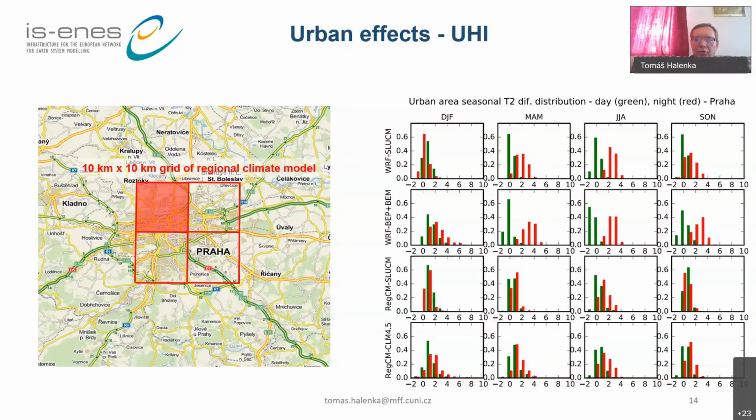When you look at the JJA column, which is summer, and nighttime, you can see that the difference between the city center and remote areas is about 4 or 5 degrees. So that's a really significant issue you should have in mind when going to high resolution of regional simulations. Well, next, please.